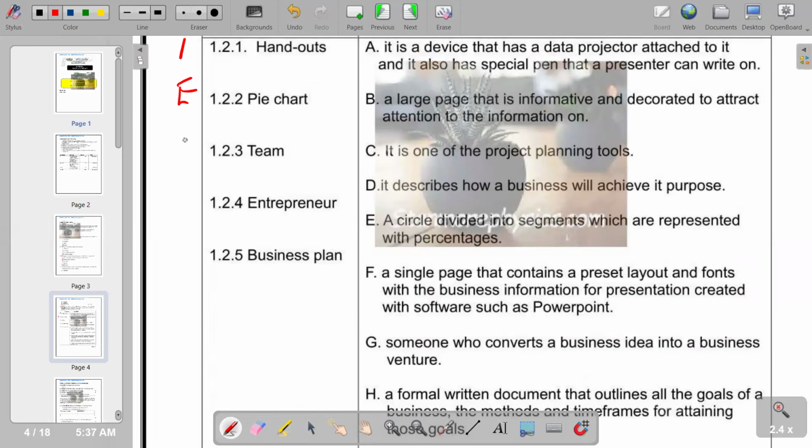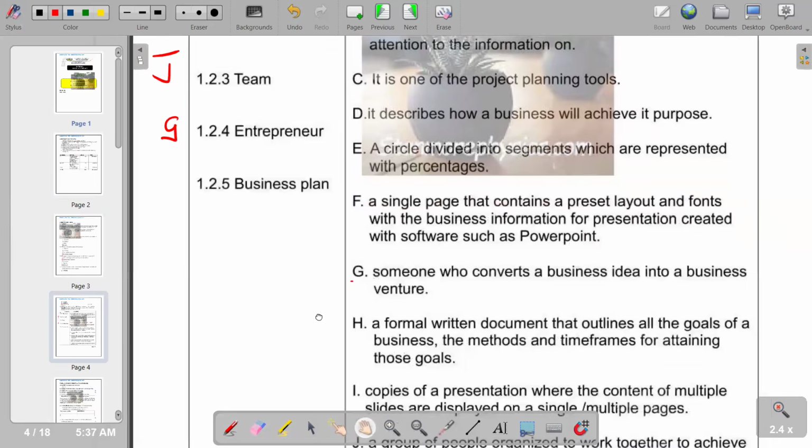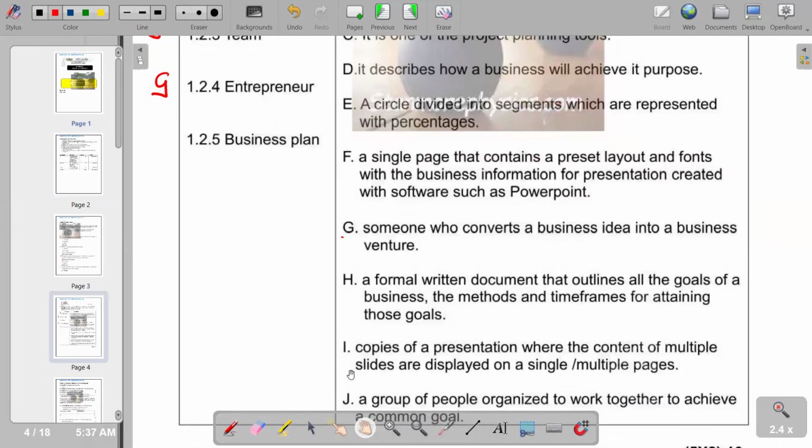Then we've got entrepreneur. According to what we have, someone who converts a business idea into a business venture. So we have G. Then a business plan. Remember, a business plan is a formal written document that is usually used when you want to start a business.